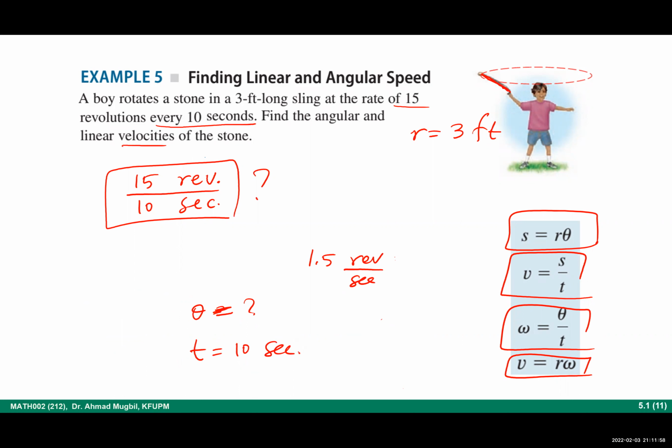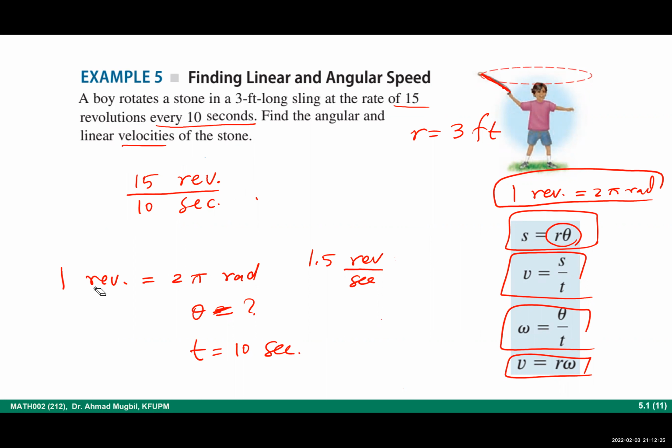What is theta? Theta is these 15 revolutions, but you know that one revolution equals 360 degrees. Unfortunately, we don't have degrees in this formula, so it is radians. So keep this in mind: one revolution equals 2π radians. And always you will use this fact.